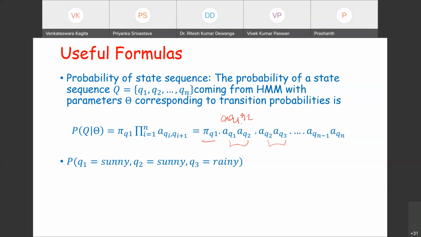So transitioning from Q1 to Q2, Q2 to Q3, and so on, Qn minus 1 to Qn. All the transition probabilities you multiply, then you get the probability of the sequence. This is the joint probability, right?